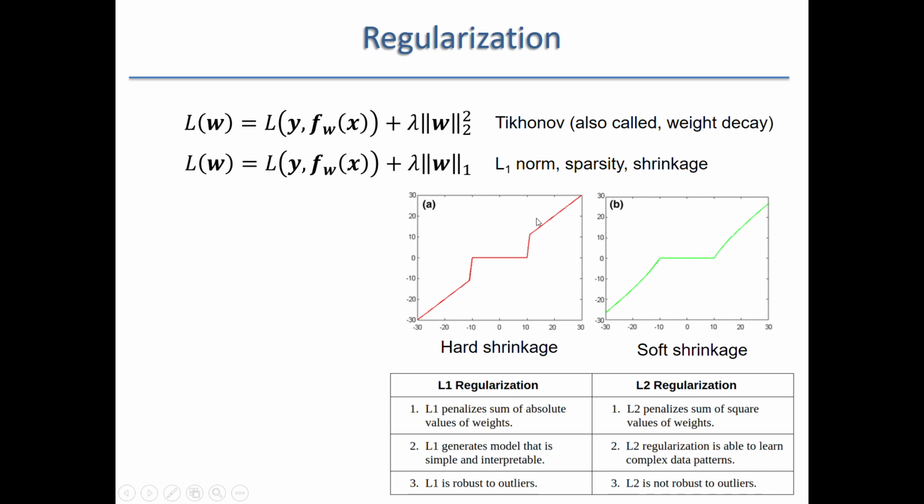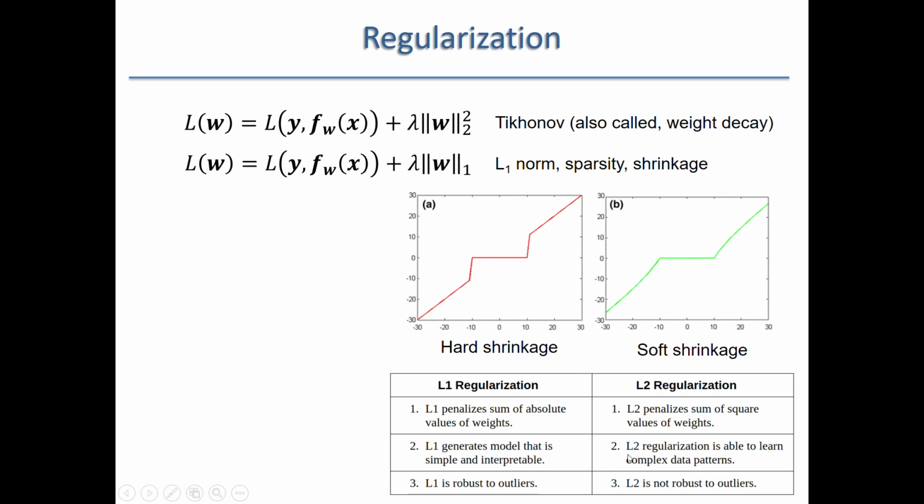To avoid this discontinuity, you may use the soft shrinkage function, so that between -10 and 10 you set to zero, but below -10 you subtract 10. So for -11 you would have -1, for 11 you would have 1. So there is no discontinuity.